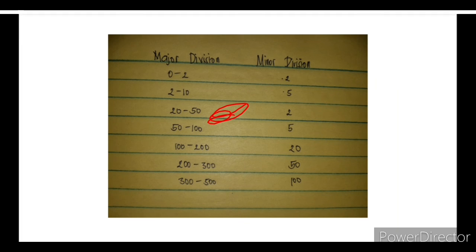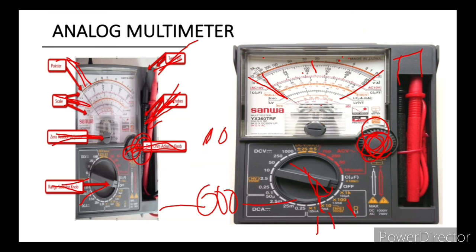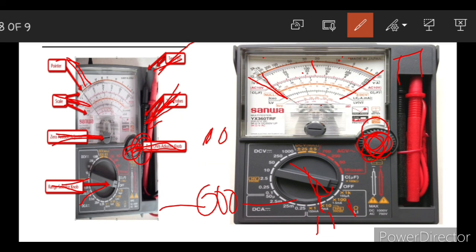So the reading for the resistor here will become 2 lines, so 2 plus 2, and it is in 20, so 20 plus 2 plus 2 is 24, and times 10 is 240 ohms. So for the next resistor, we will be having the resistance of 240 ohms.